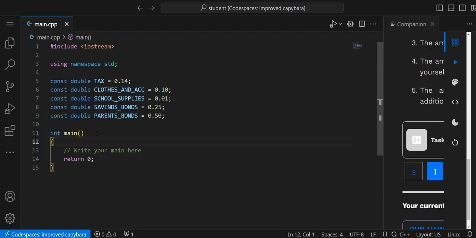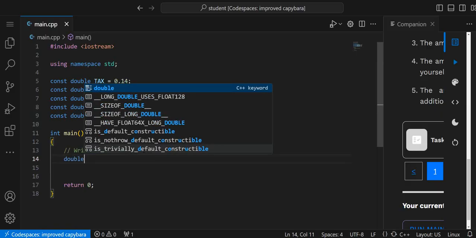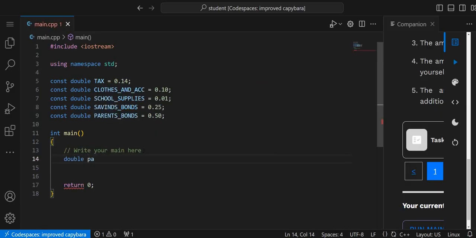Alright, so let's go ahead and do our variables. We've got a whole lot of variables to declare, so we're going to do those in combination. So let's go double pay rate, comma, hours worked week 1. Do this the easy way, copy and paste, because we're going to do these for 5 weeks.